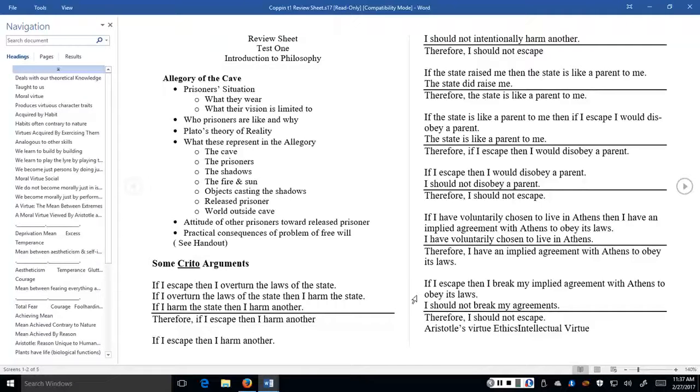Now, you want to know the basics of this. I'm not asking you to remember every step of the argument put in this formal form. If you take one of our logic courses, we'll talk about what these forms are.